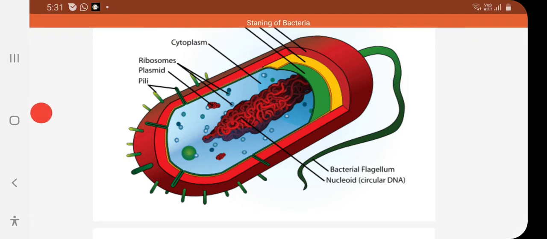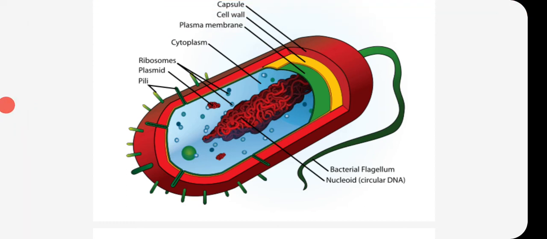Apart from this main circular DNA, there are many circular self-replicating DNA rings. They are called plasmids. The presence of plasmids in bacterial cells is a characteristic feature of bacteria.